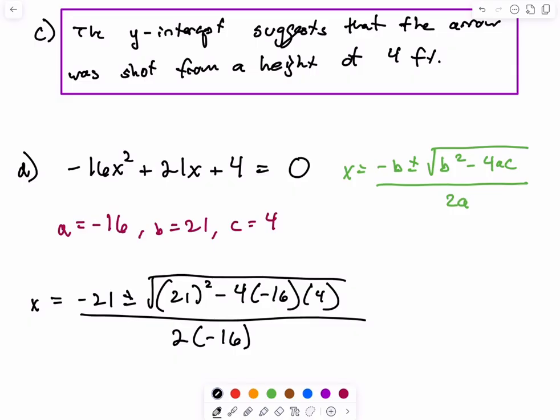I think I am just going to use my calculator. Let me see something. 16 squared. Hey Google, what's 21 squared plus 16 squared?